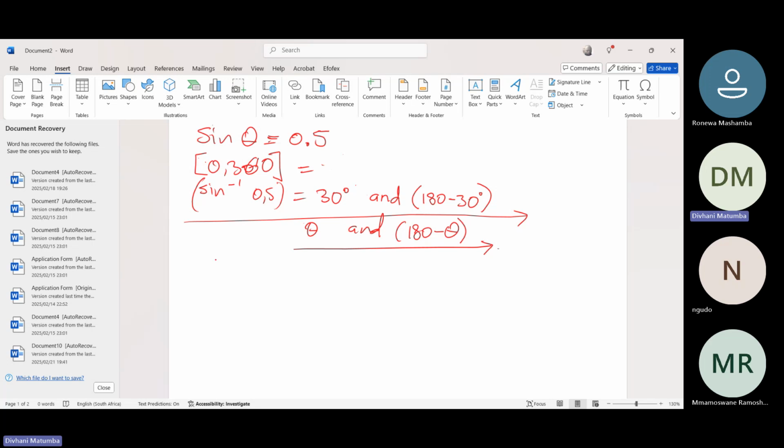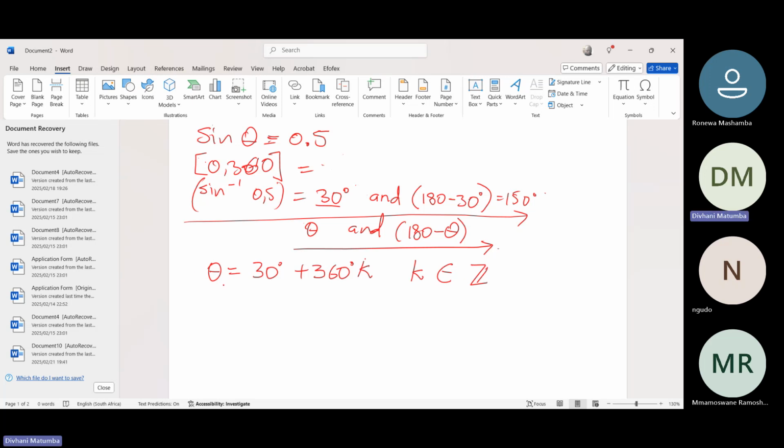And then from there, because it is 30 and 150, our solution will be theta equals the angle plus 360 degrees times k, where k is an element of the integers.